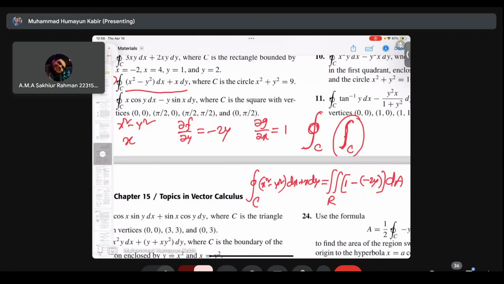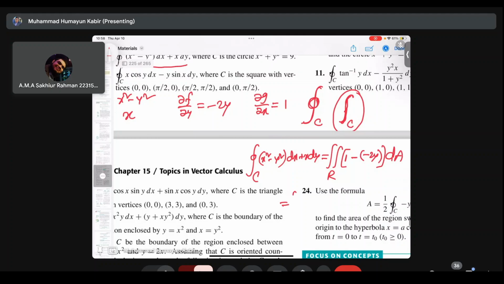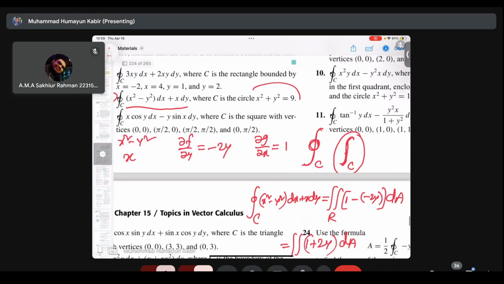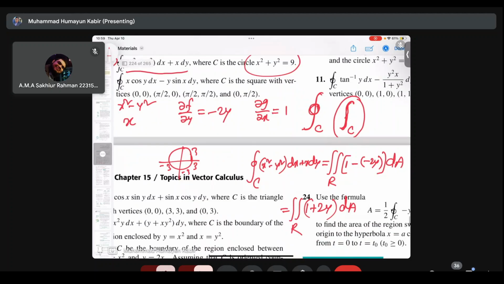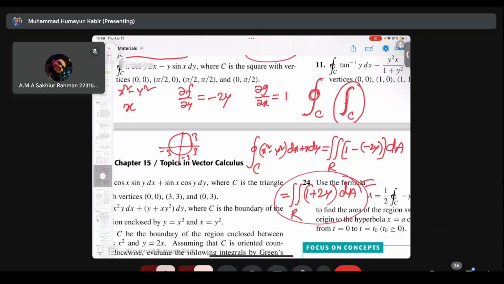Is that okay? What is R here? R is a circle with radius 3, center 0, 0. So now you know the process to find its value.